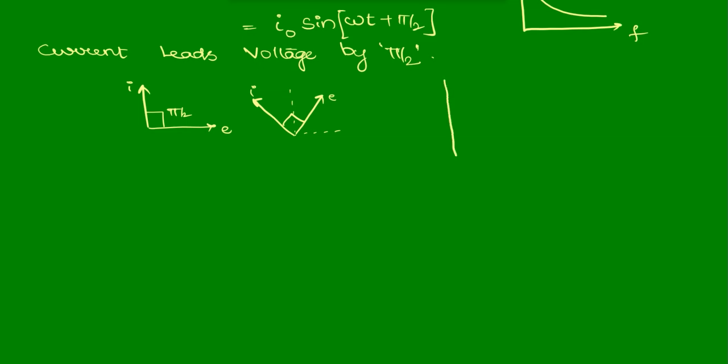And in the time varying graph, if this represents voltage, the corresponding current, where voltage is 0, will be maximum, and gradually becomes 0, and again becomes maximum, and again becomes 0, and again reaches maximum value. Just think like this: if voltage is a sine function, current will be a cos function. So this kind of question we can also expect based on the graphs.